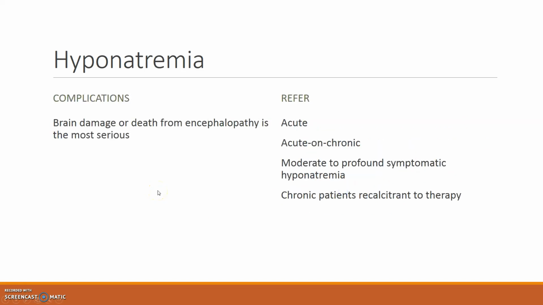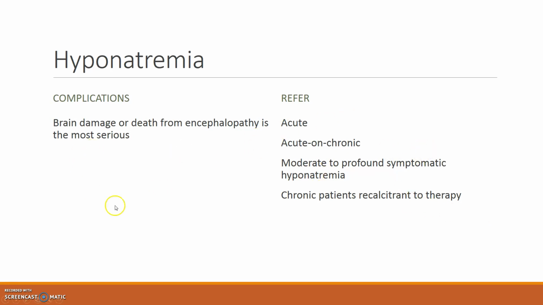Complications are very serious. Brain damage or death from encephalopathy is the most serious. But you understand the risk of falls and central nervous system changes and alterations. So we're always going to refer for an acute hyponatremia, acute on chronic hyponatremia, moderate to profound symptomatic hyponatremia, and then chronic patients that are really recalcitrant to any therapy, so they're just not responding.